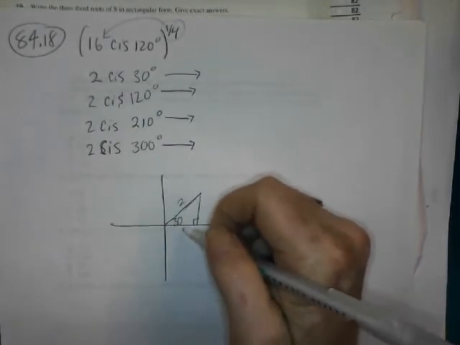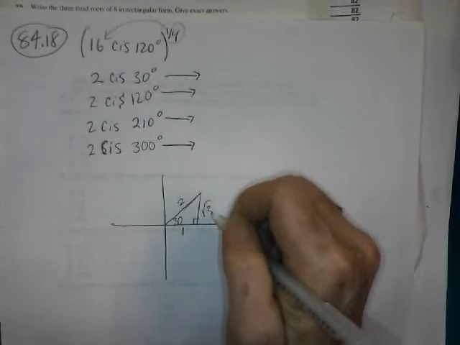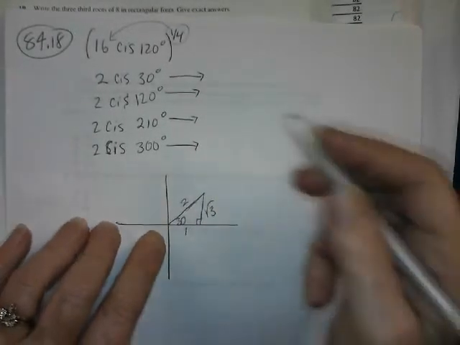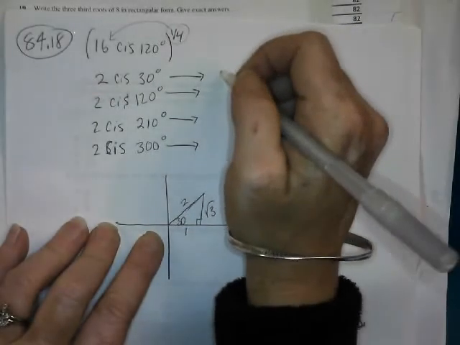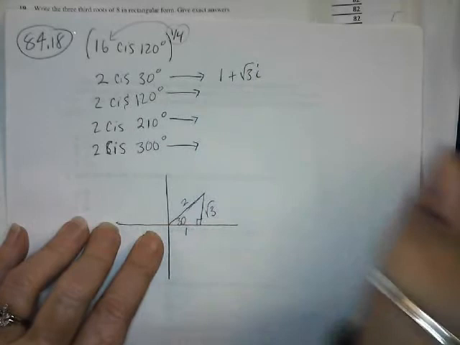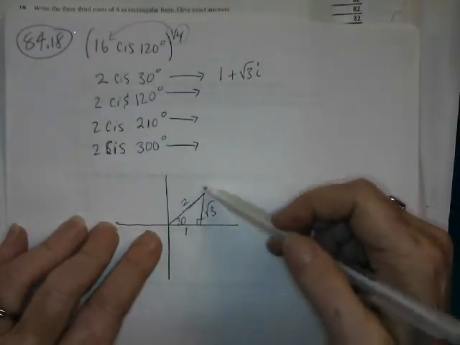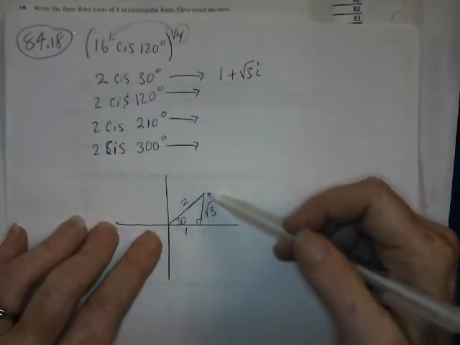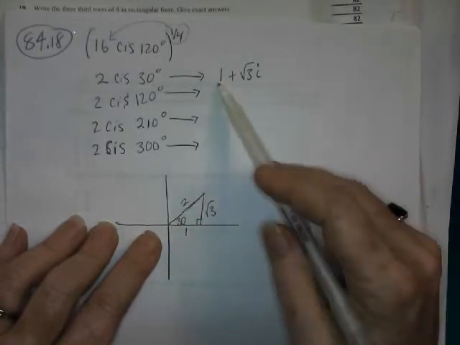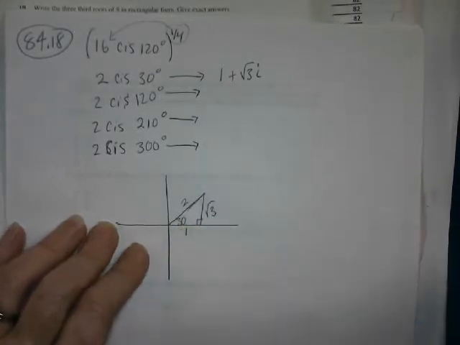If that's 2, this is 1, and this is root 3. So it went right by 1, so that would be 1 plus root 3 i. Remember the up part is the y coordinate, the one with the i, and the first thing you write is the x coordinate.